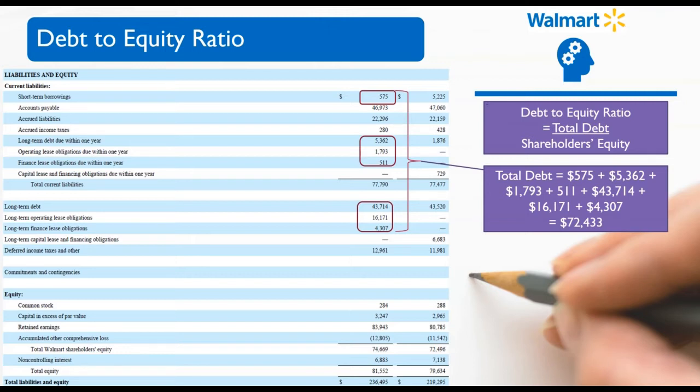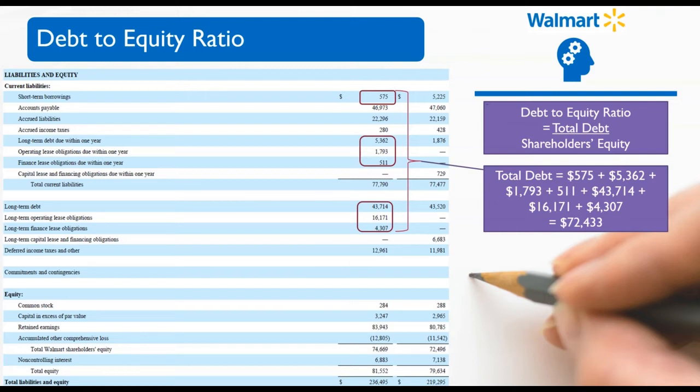We come up with a value of around $72.4 billion, which includes its short-term borrowings of around $0.6 billion, long-term debt due within 1 year of around $5.4 billion, operating lease obligations due within 1 year of around $1.8 billion, and finance lease obligations due within 1 year of around $0.5 billion.